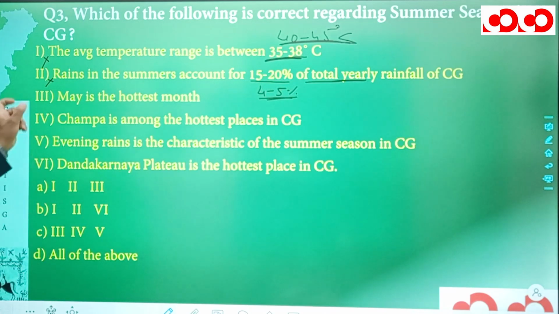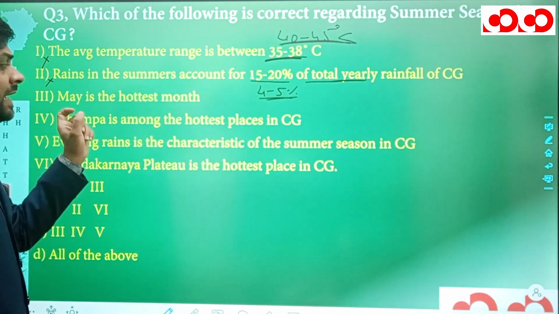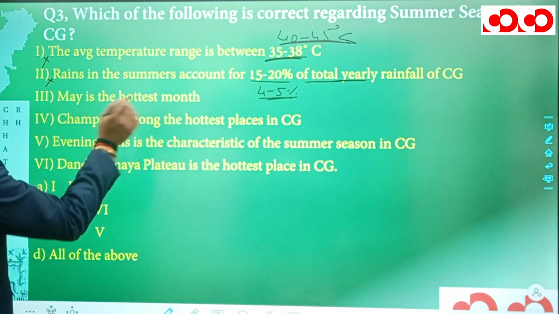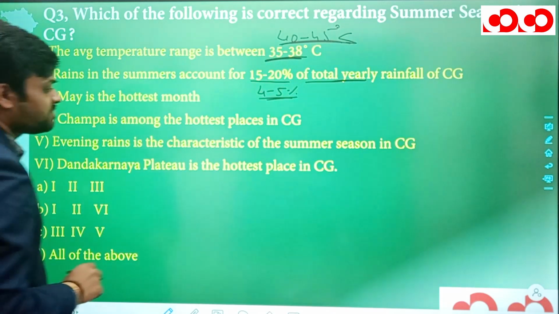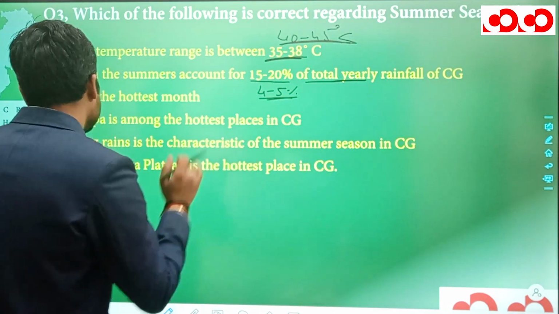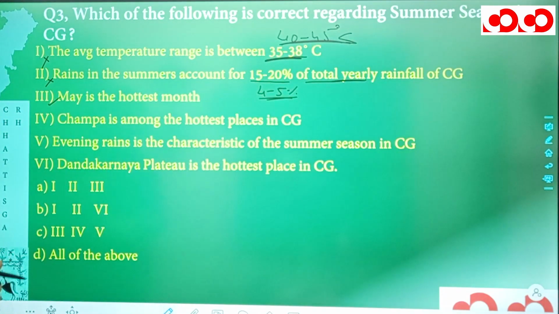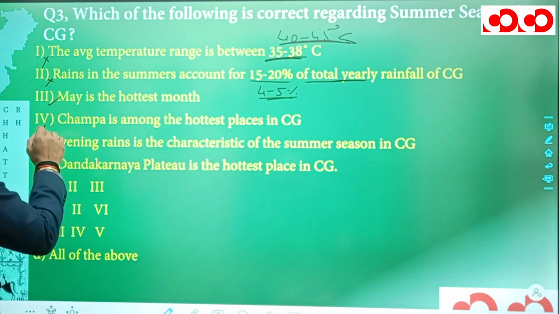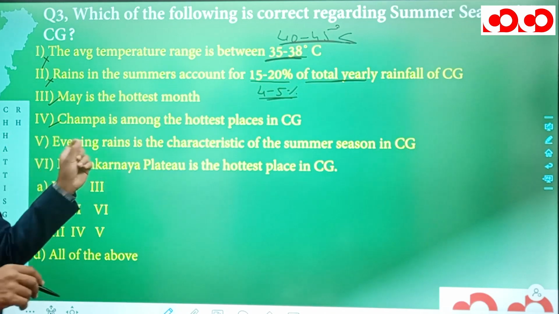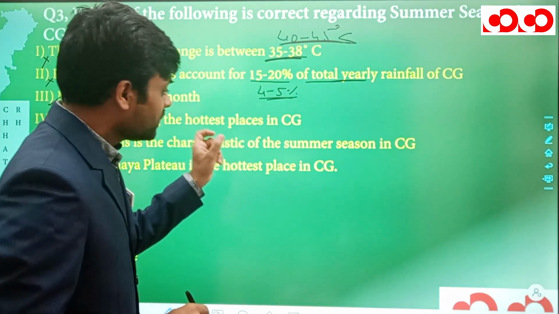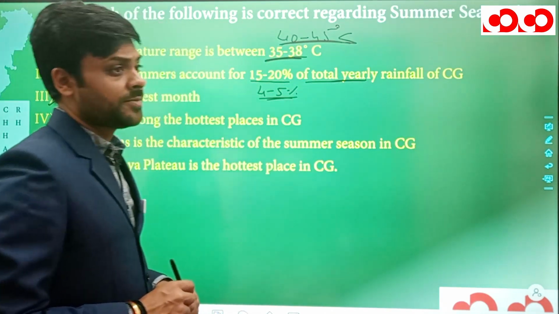Third statement says May is the hottest month. Indeed, May is the hottest month of Chhattisgarh, and hence this statement is correct. Next statement says Chapa is among the hottest places in Chhattisgarh. Yes, Chapa is among the hottest places in Chhattisgarh, which makes this statement 4 also correct. Statement 5 says evening rains is a characteristic of the summer seasons in Chhattisgarh.